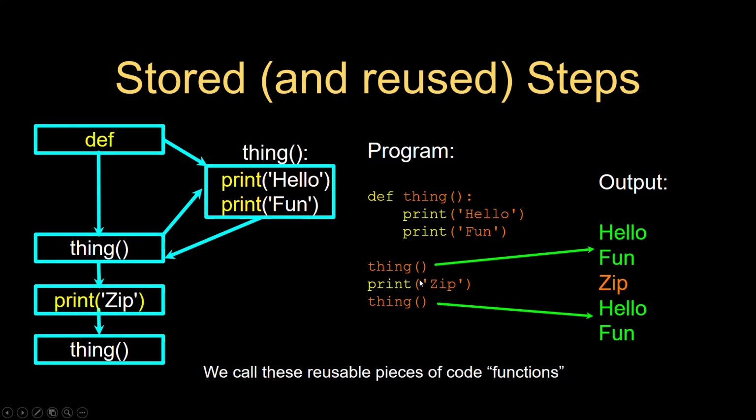Some functions you will see have different values inside the parentheses, and for some functions you will not see any value inside the parentheses. So program execution starts with the thing function, and when we call a function versus when we define a function, when we use a function versus when you define a function, they are different.